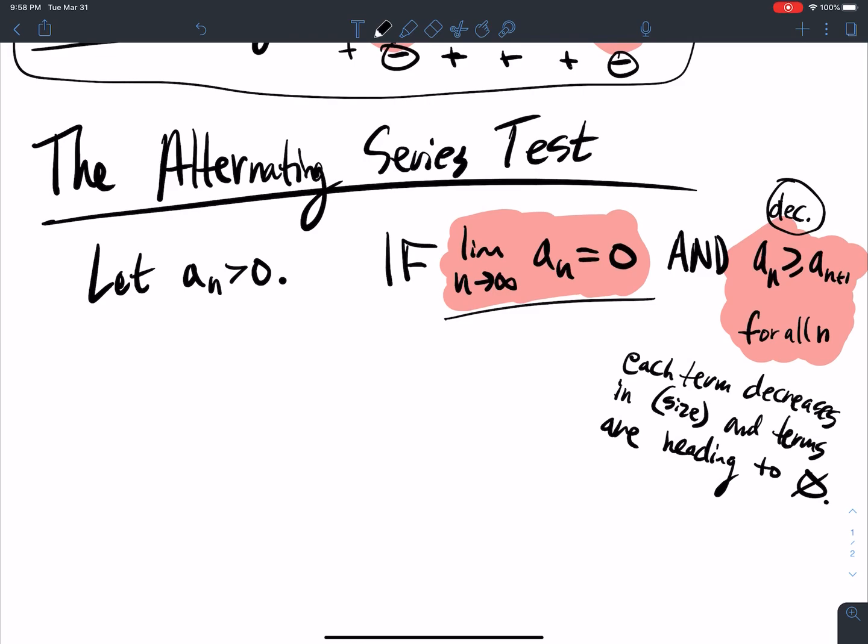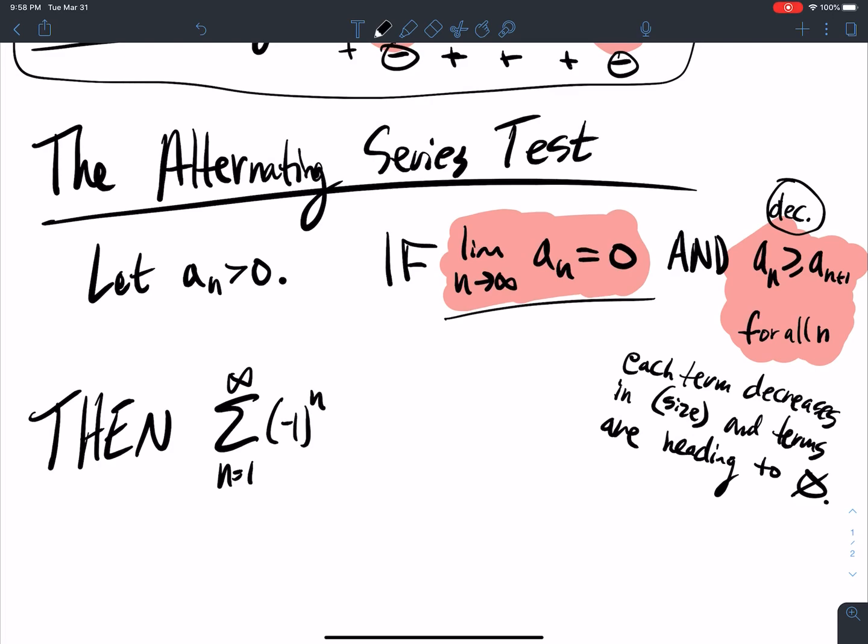So if this is true, then by the alternating series test, the series n equal 1 to infinity of my sign switcher and my a_n converges. See how we separated out the a_n from the sign switcher there?